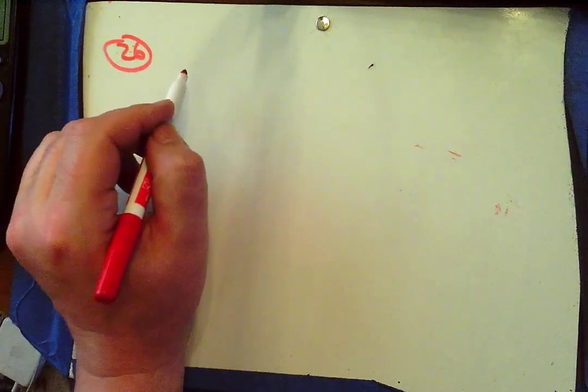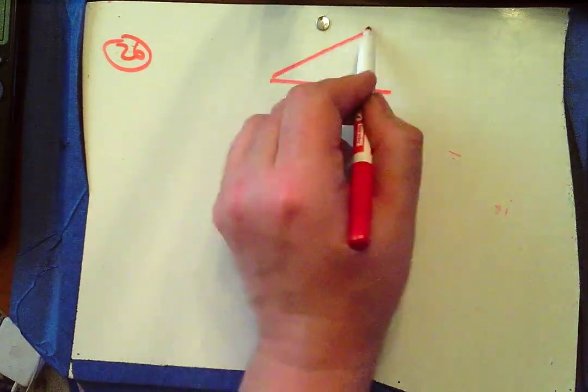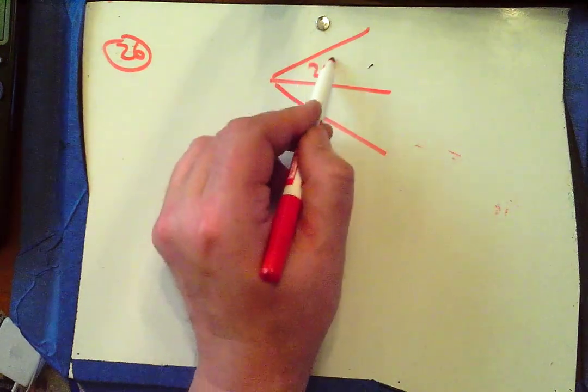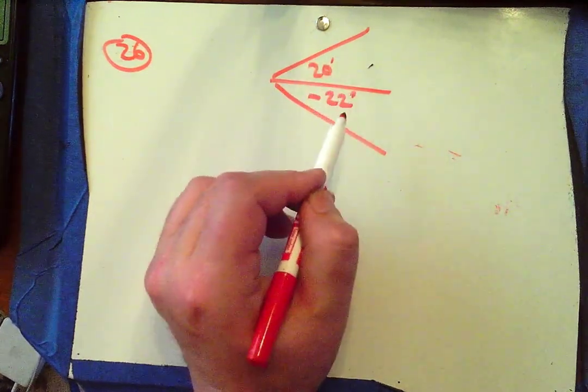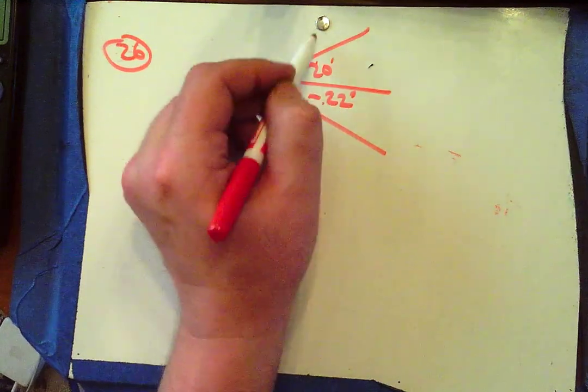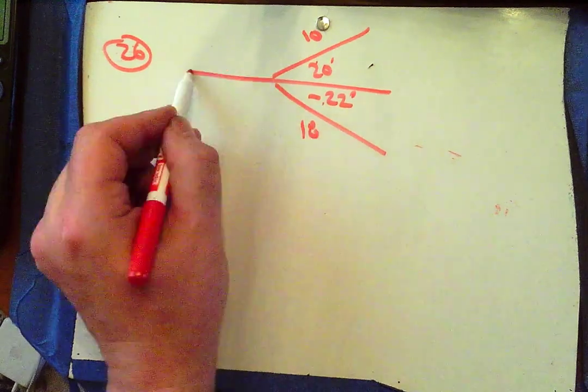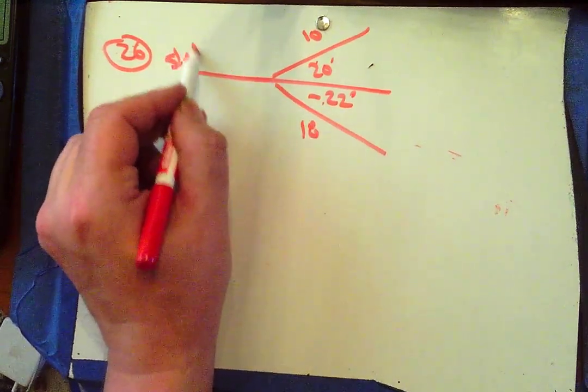Let's take a look at problem number 26. 26 says two children are pulling on a sled. And I'm going to flip the picture around so that I'm looking at it this way with 20 and negative 22 degrees. This is 10 pounds, this is 18 pounds, and here's the sled.